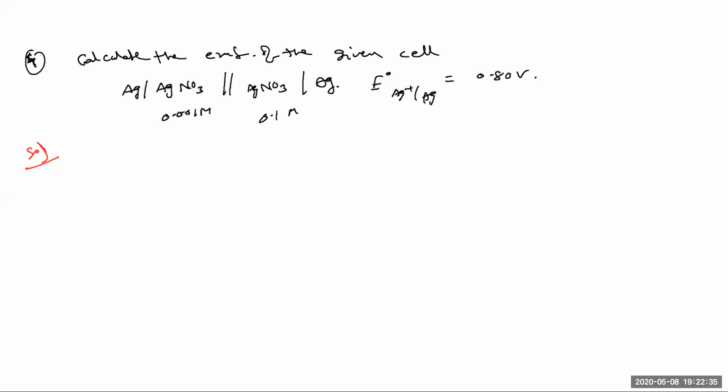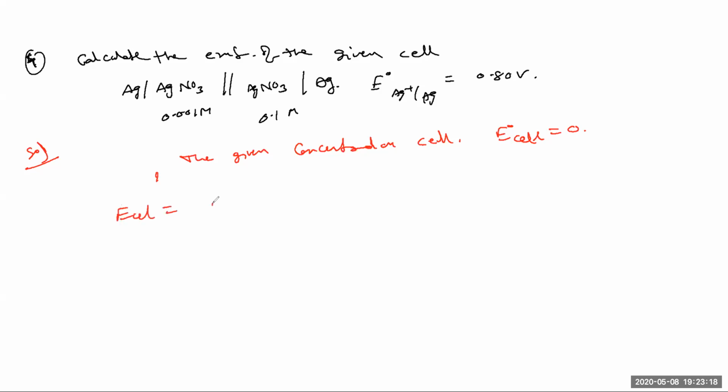Answer. So here given is a concentration cell, that means E naught of the cell is equal to 0. What is the formula now?